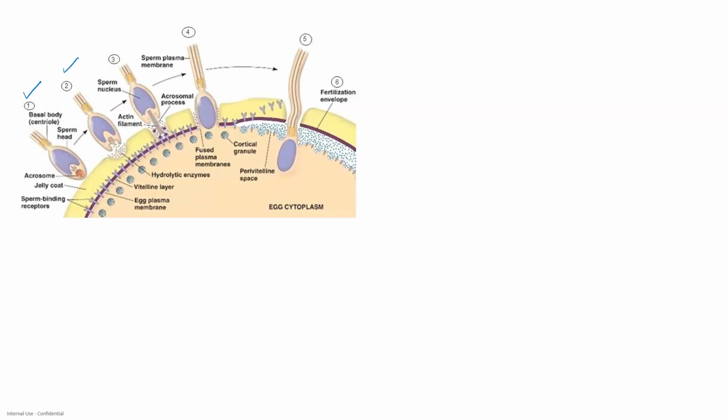The actin molecules assemble and give rise to the acrosomal process, and the bindin molecules are all expressed around it. Then you move here and you see this. These changes will be discussed while we discuss the fast and slow blocks. Fine. So let's start with fast block to polyspermy.